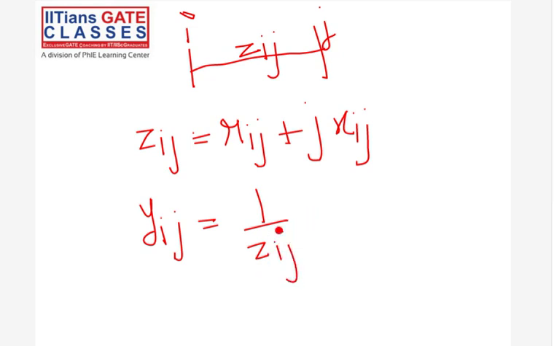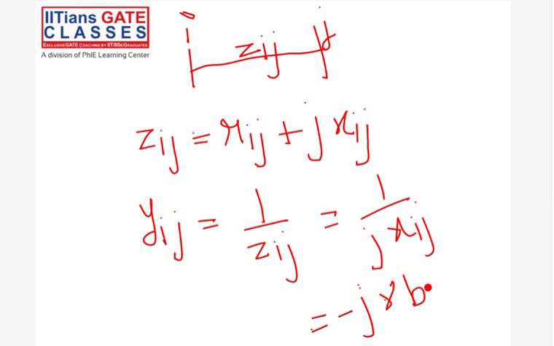Okay, so usually if you are assuming that the resistance is less, this would be jXij, right? And that would be minus jBij, right?